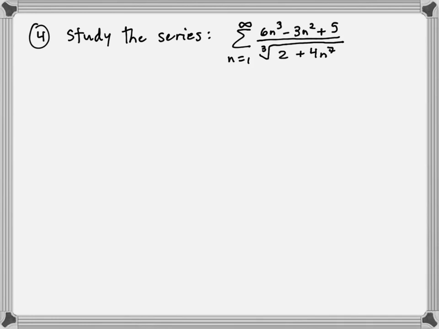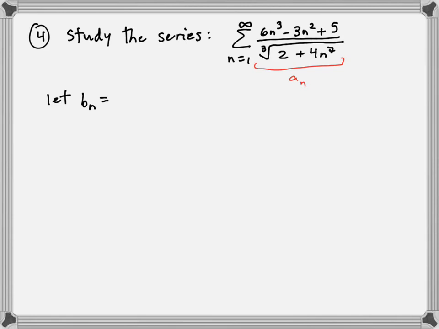Well, again, let's start by calling this an. And what are we going to let bn equal? Think about this series and the terms that dominate, okay? On the top, the term that dominates is the n cubed term.